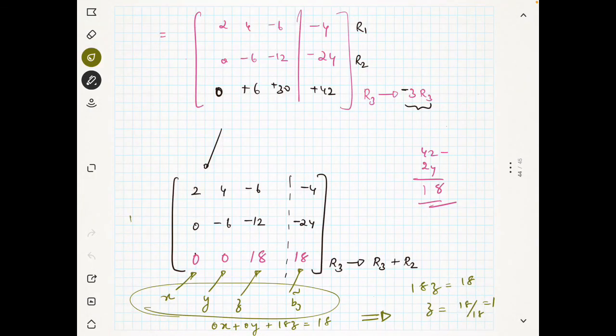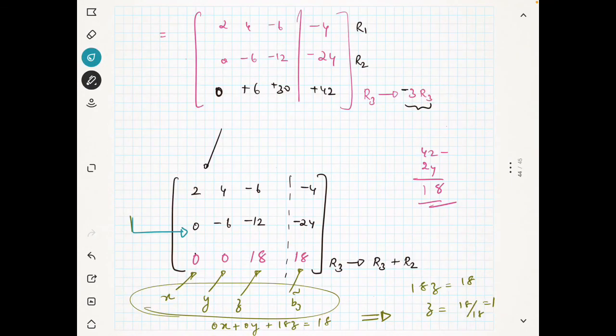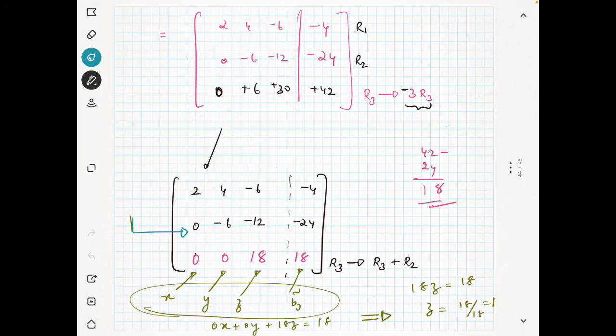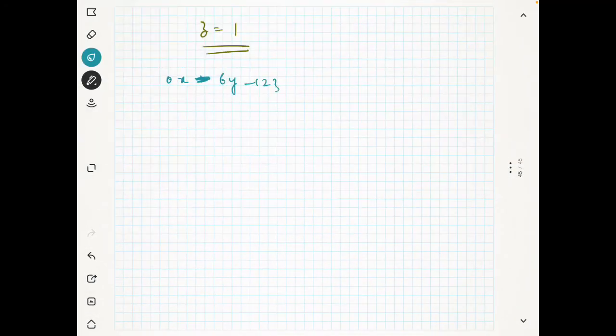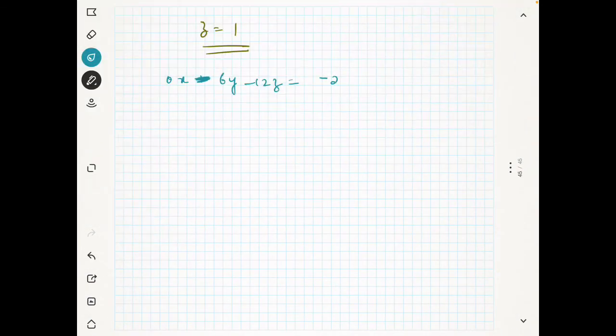Now it's very easy. You take the second equation: 0x plus minus 6y, then minus 12z equal to minus 24, right? But you know the value of z.